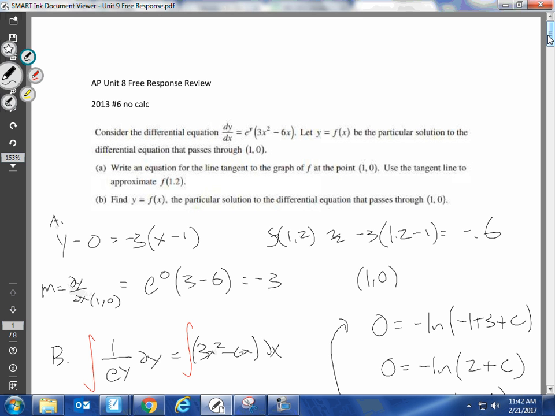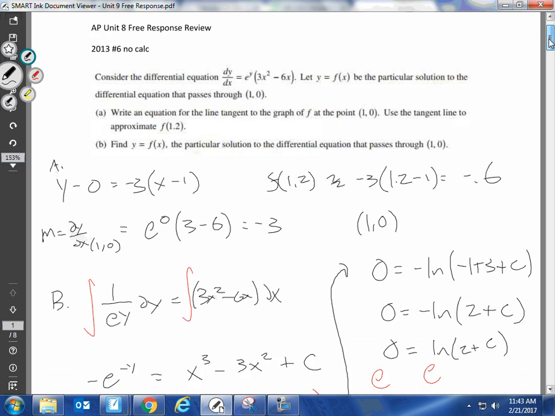Typically, A is worth, in a situation like this, like 2 or 3. That means B is worth 6 of the 9 points. In most free response problems, each part is worth 3 points each, or a couple parts are 2 points, a couple parts are 3 points. This is worth a whole lot.